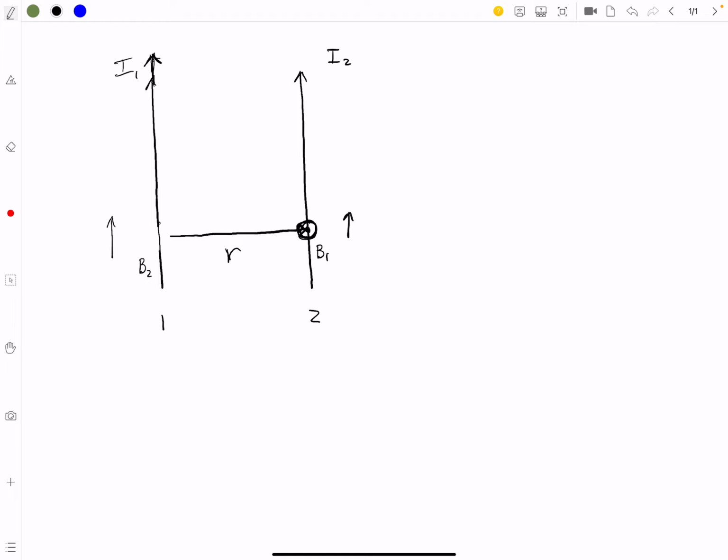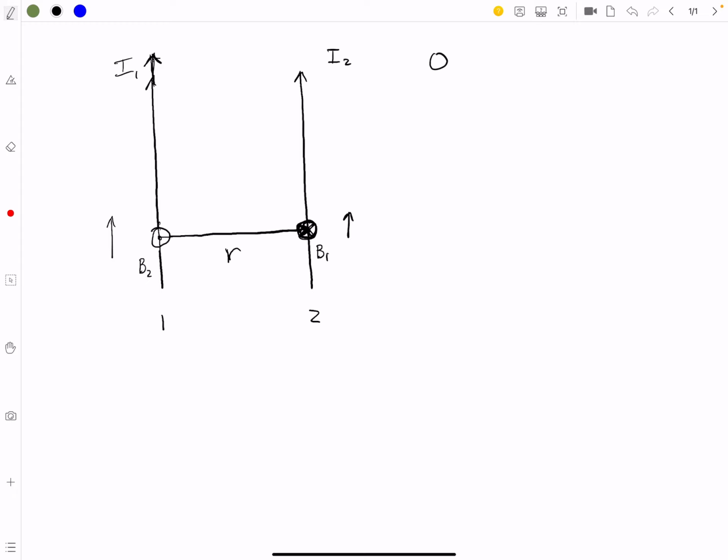Of course, this one is out of the page. And this one is into the page. Crazy. I was using my symbols backwards.